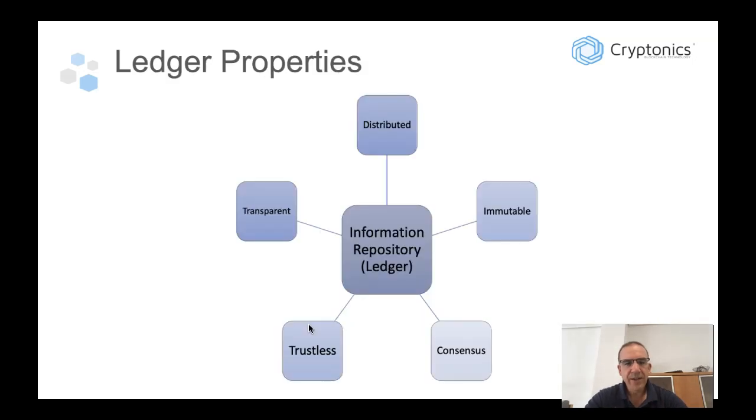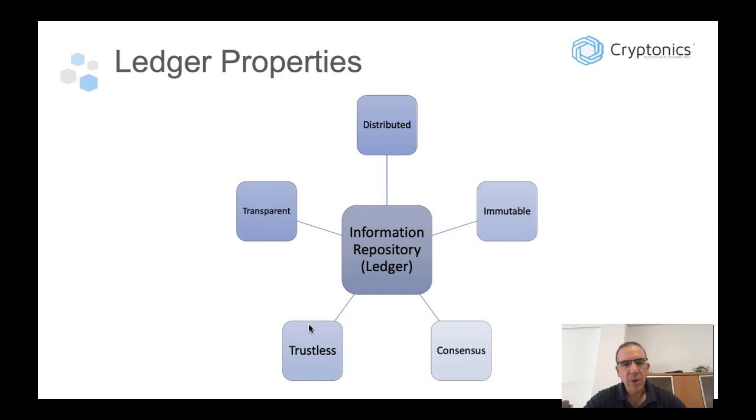So the ledger itself is an information repository which has to have certain properties. So first of all, it has to be distributed, fully replicated. But then anything in that information repository, which is really a list of transactions, has to be transparent. Every party in the system should be able to see everything of a transaction. The system has to be trustless.